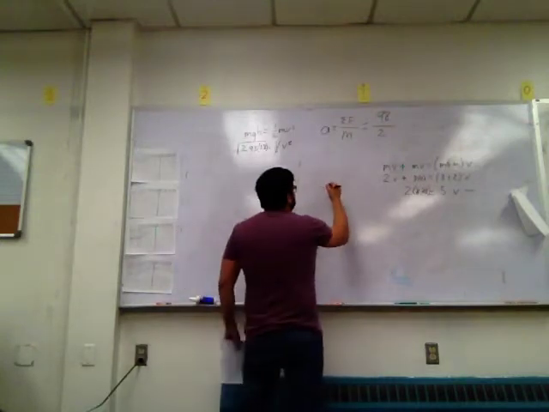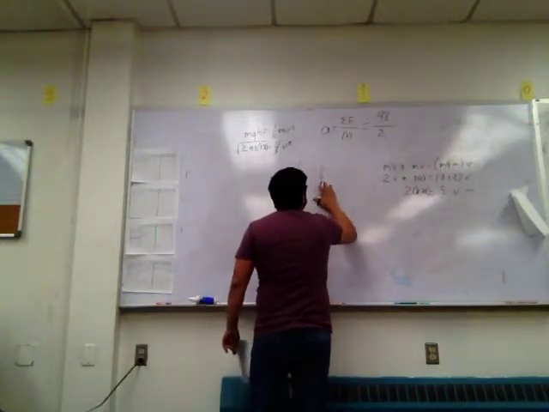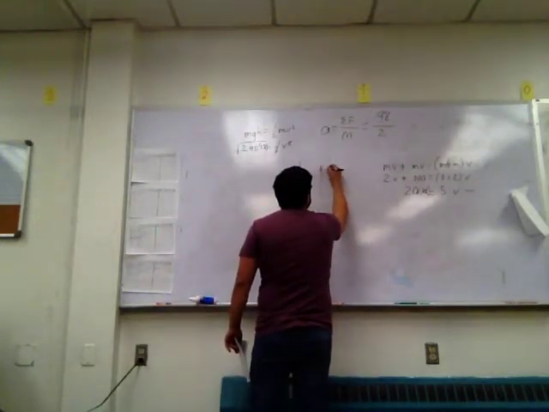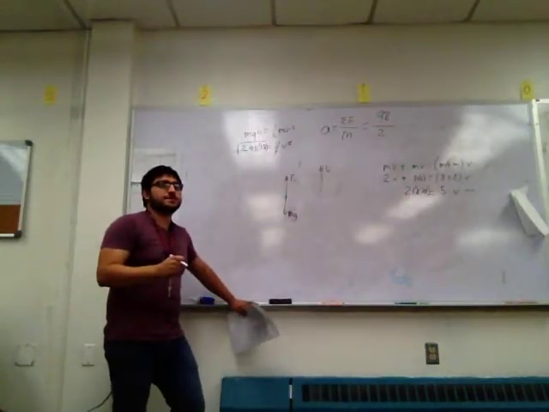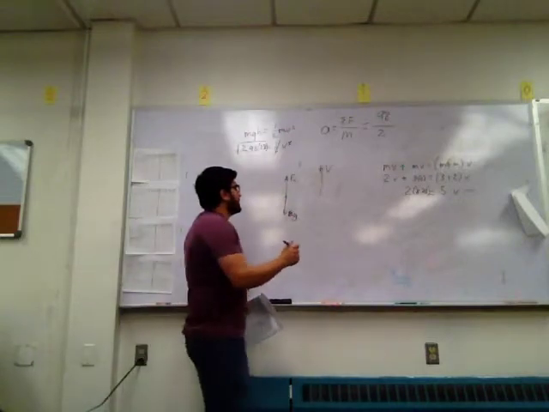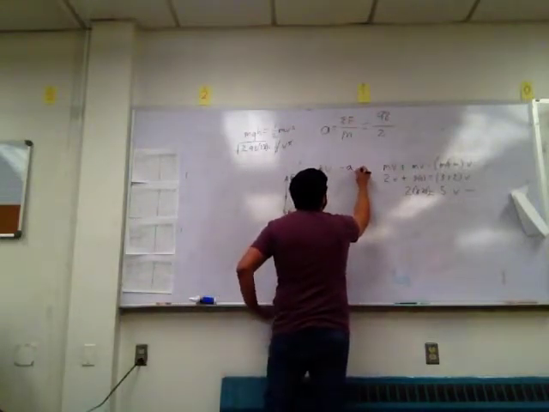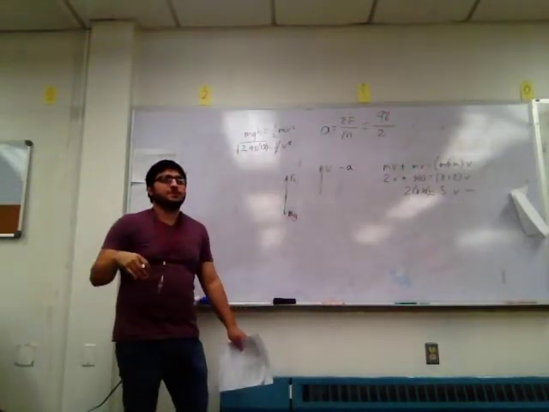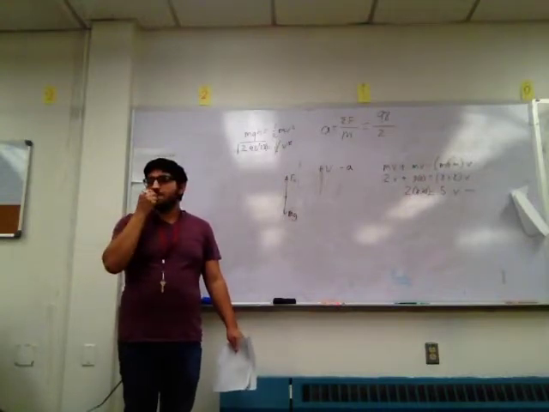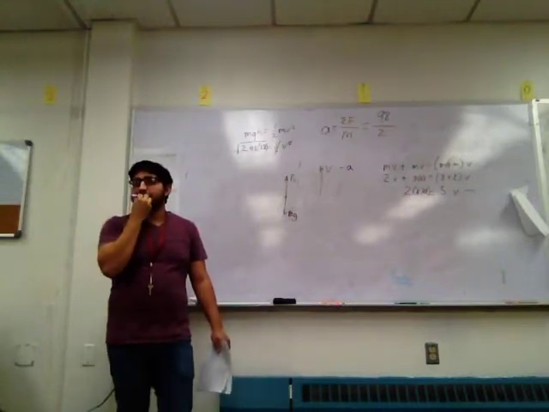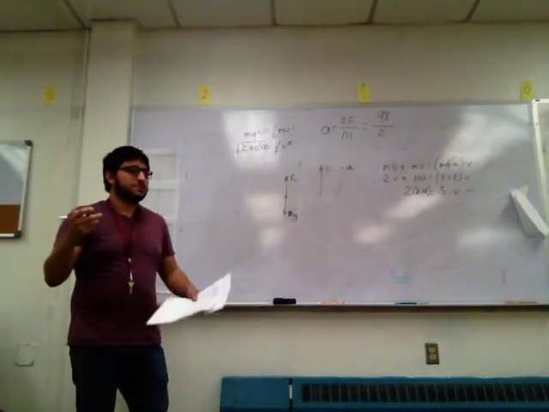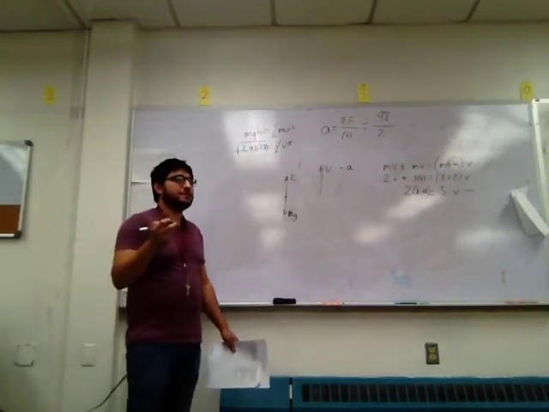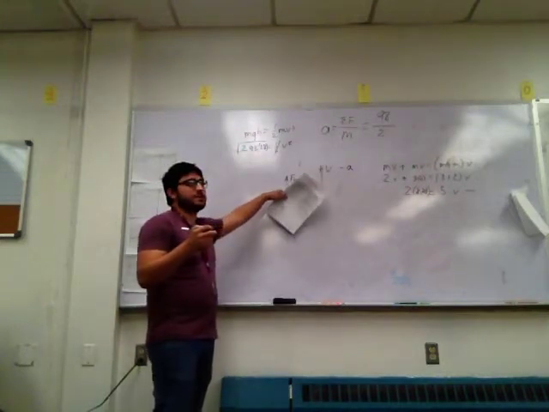So, positive or negative velocity? Positive velocity. And it's slowing down, right? So what can you tell me about the acceleration? Negative acceleration. So if I have a negative acceleration, what does that tell you? That the force is working downward. You have a negative net force. So what force is going to be bigger? Mg is going to be bigger than Fn.